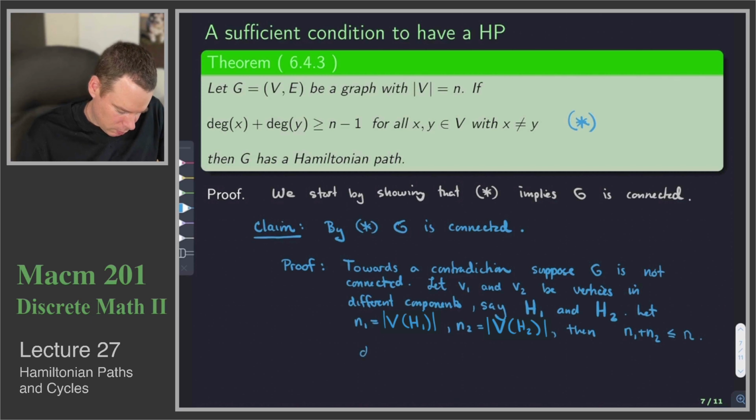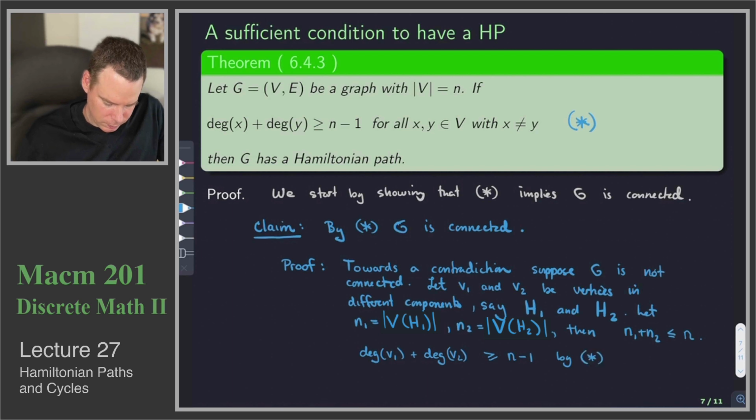Okay, so now what do we have? We know that the degree of V1 plus the degree of V2, by star, is greater than or equal to n minus 1.